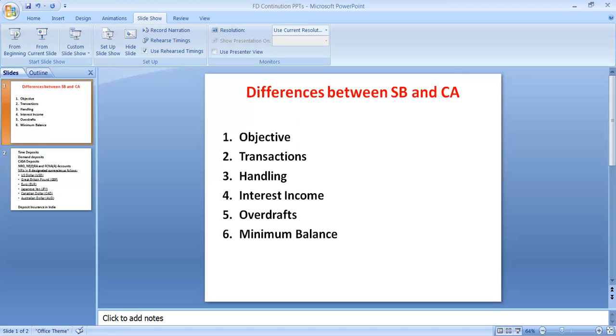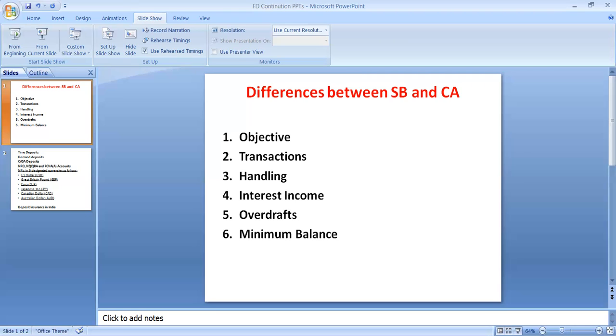Now, the third difference with regard to the SB account and current account is about handling. The savings account involve the personal handling of assets, while current accounts are aimed to make the account holder free of personal handling of liquid funds.